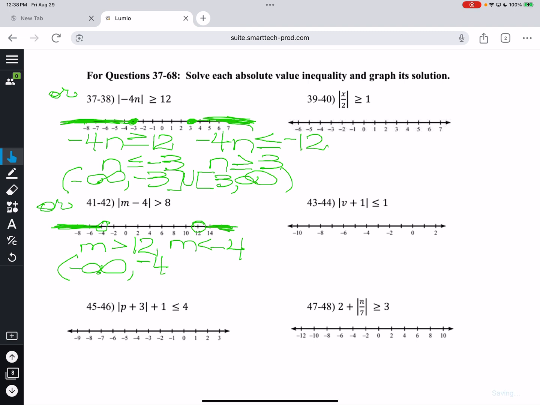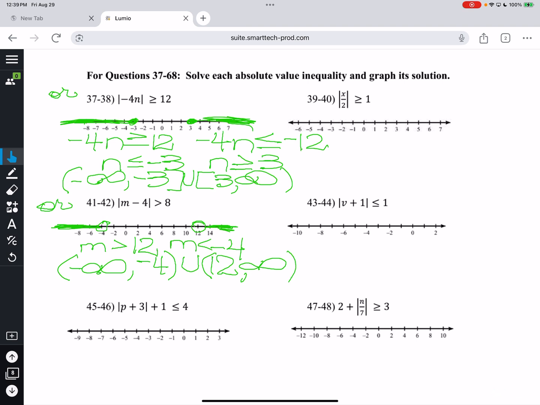Did we fill in or leave it a circle? Oh, circle, so that's parenthesis. And then would it be U? U, and then another parentheses, infinity. What comes next on the number line? 12, and then infinity, and parentheses. Good.